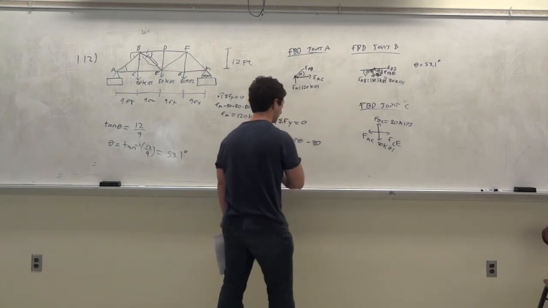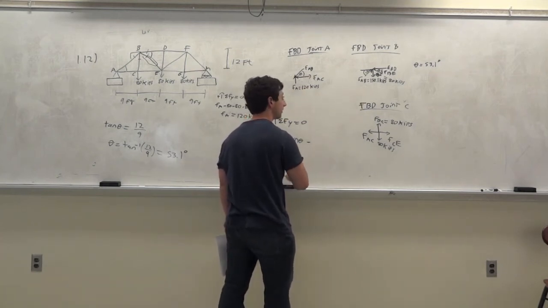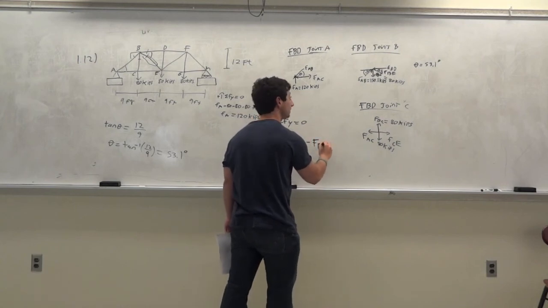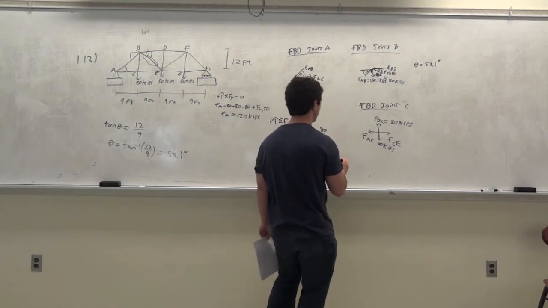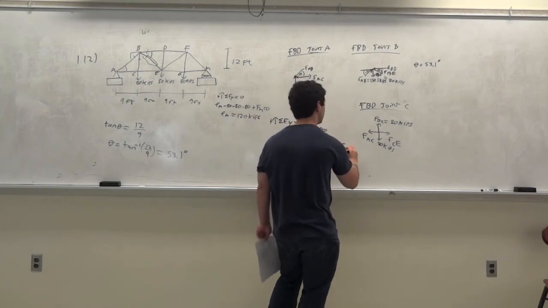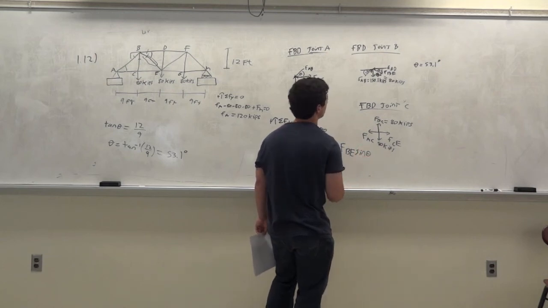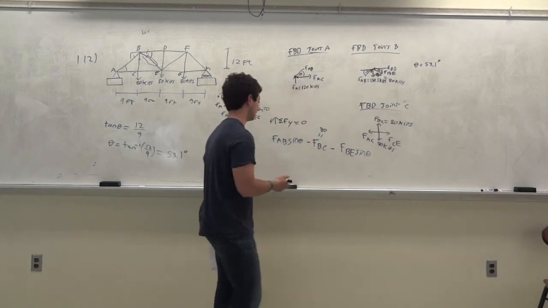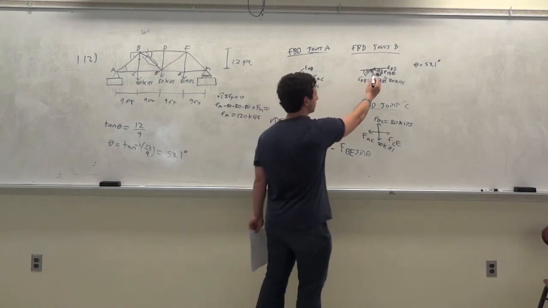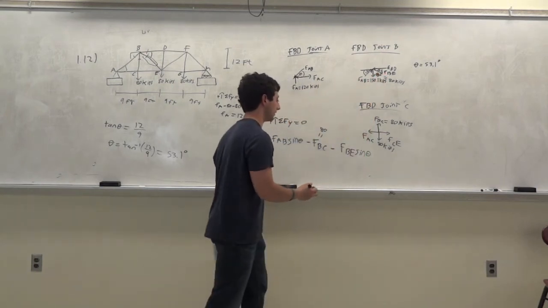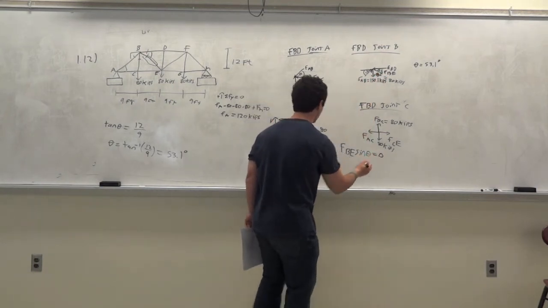All right, maybe let me call this a variable. All right. This is FBC, but this is equal to 80, right? And then you have minus FBE sine of theta, and that's it, right? It's just these three forces. 1, 2, 3. Those are only in the y direction, and this is equal to 0.